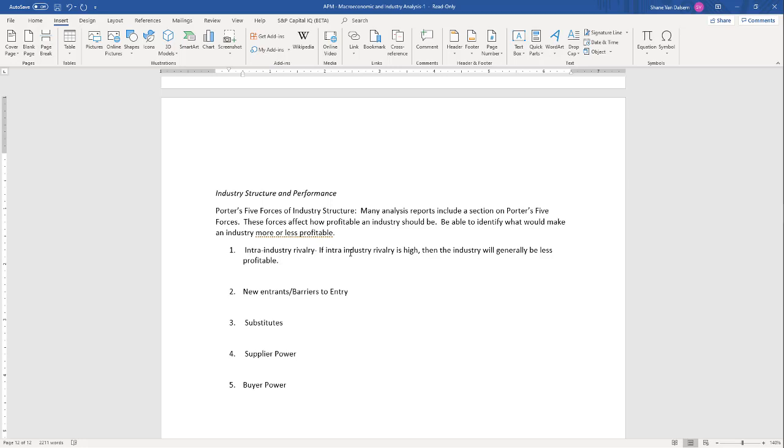One way that they can compete is through price. So being the low cost producer and selling at the lowest cost will often generate market share. And that's where those companies want to be. But that will also lower profits within that industry as a result.